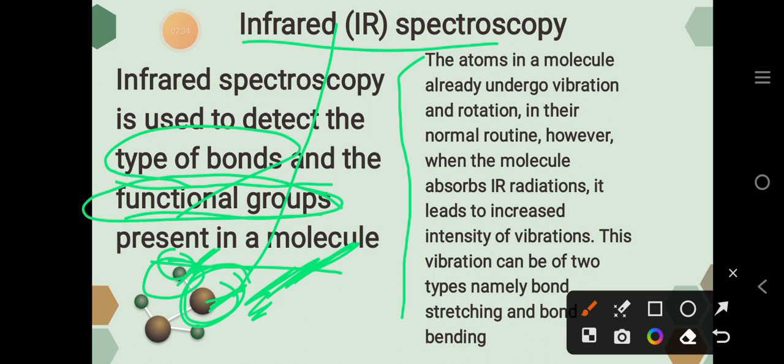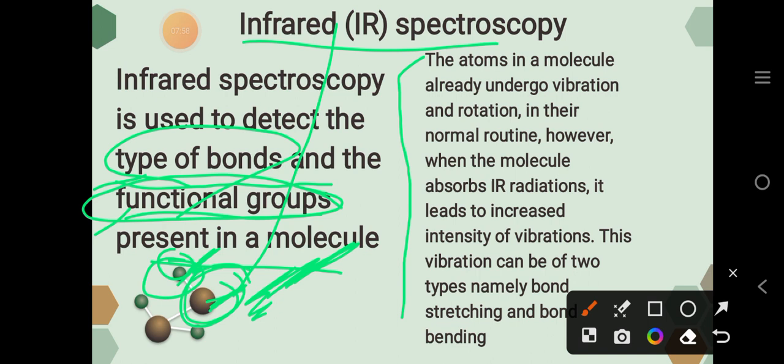Now, what we have learned is that infrared spectroscopy looks for the type of bond and functional group, like whether it has a single bond, double bond, triple bond, or which kind of functional group it has. Does it have aldehyde? Does it have alcohol? Does it have alkyl halide? Does it have ether? Does it have ester? So you look for that.